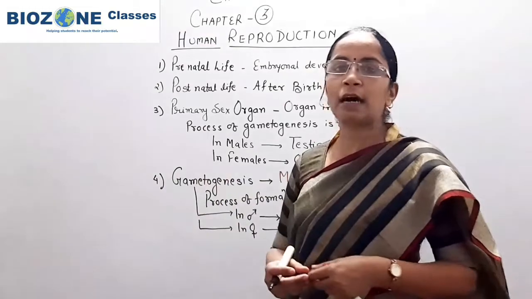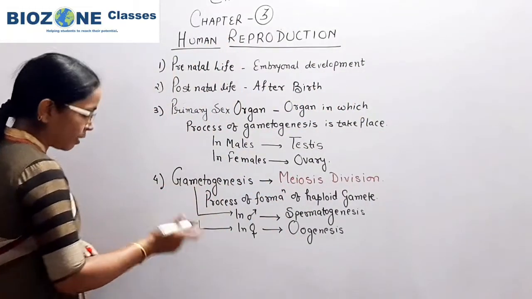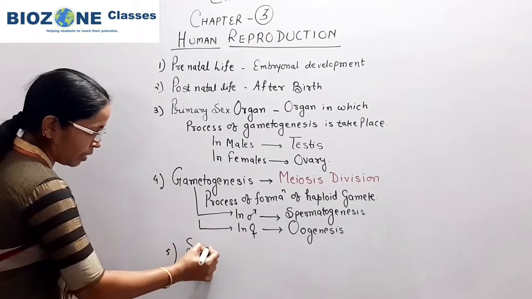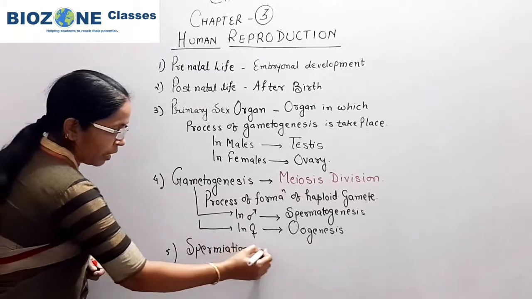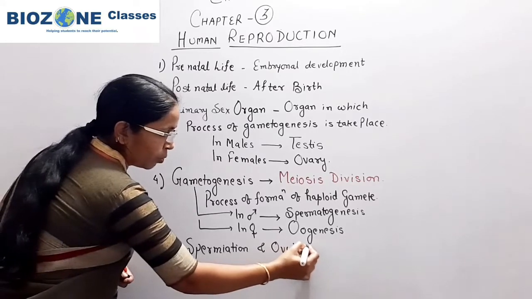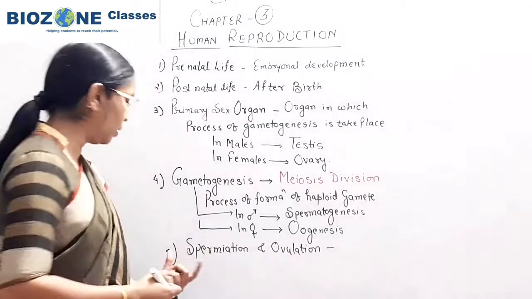Once the gametes are formed, the next terms we study are these: one process in the male individual is called spermiation, and the similar process regarding the ovum in females is called ovulation.